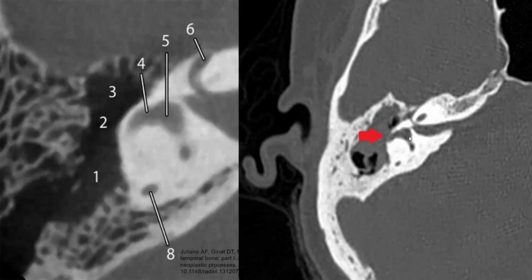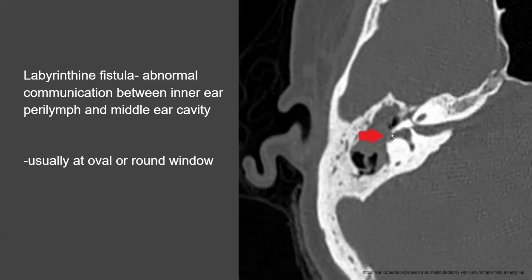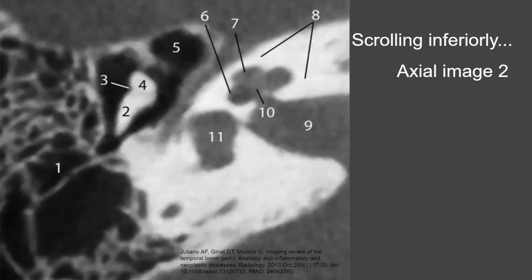When you have the reverse of that, you start thinking about a labyrinthine fistula, also called a perilymphatic fistula. It happens often in the setting of trauma. You don't always see it immediately, but it's certainly something you can see as some time passes after the trauma.